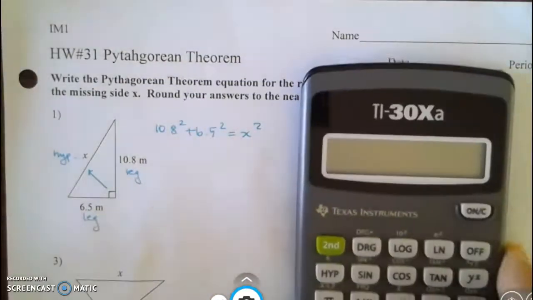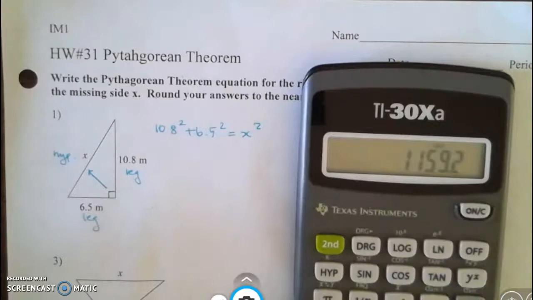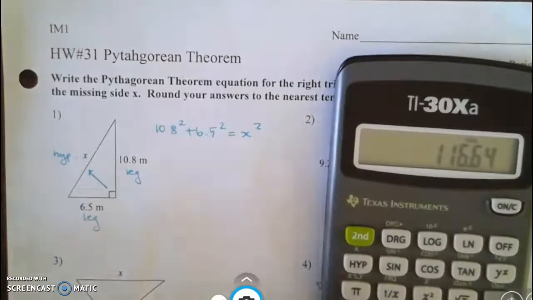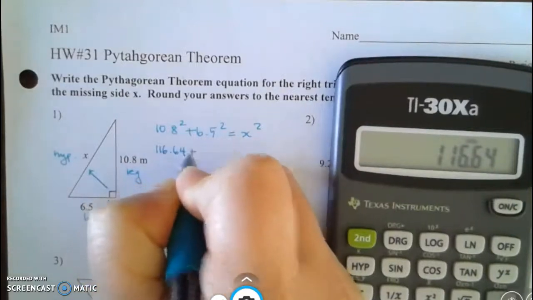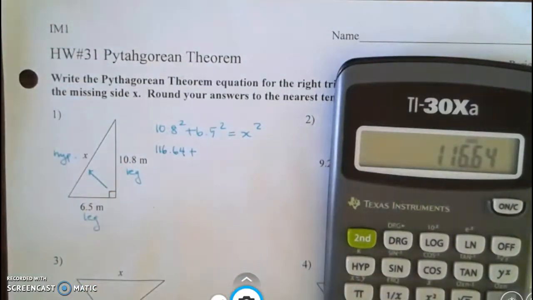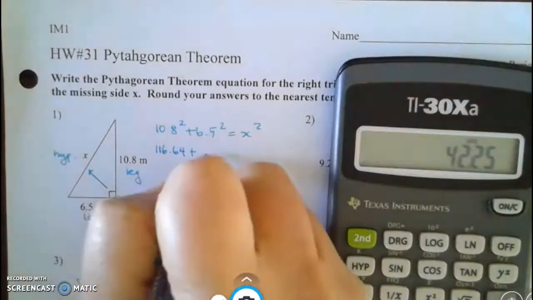What is 10.8 squared? 10.8 squared is 116.64, plus what's 6.5 squared? It's 42.25.